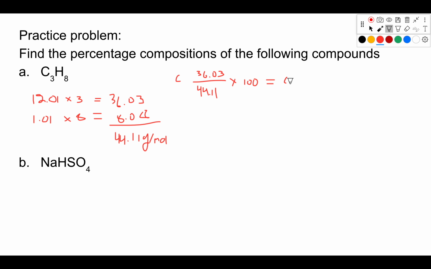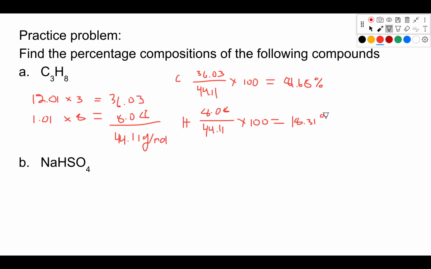Comes out to about 81.68%. And then for hydrogen, we're going to put 8.08 over 44.11 times 100, which comes out to about 18.31%.